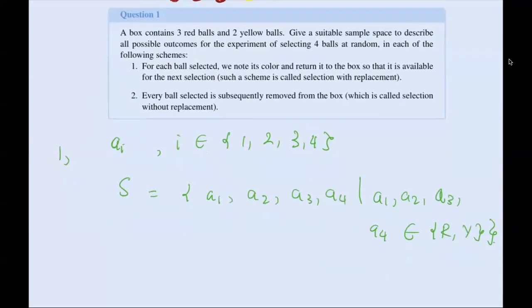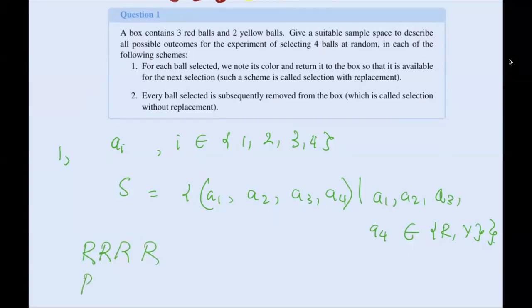So what the student says is that the sample space is a set of tuples that contains 4 elements, and each of the elements can be red or yellow. For example, one outcome is, let's say A1 is red, A2 is red, A3 is red, and A4 is red.